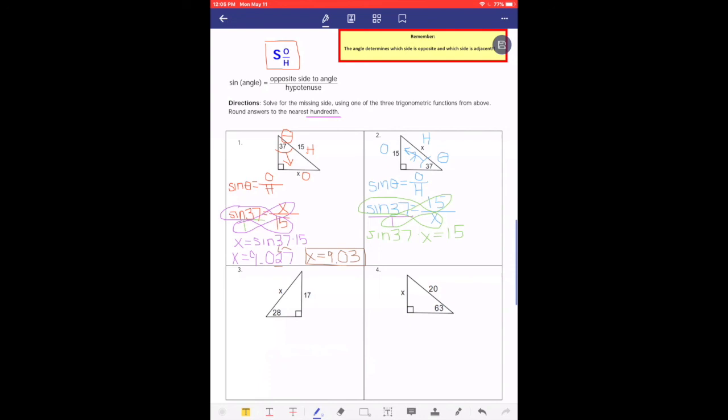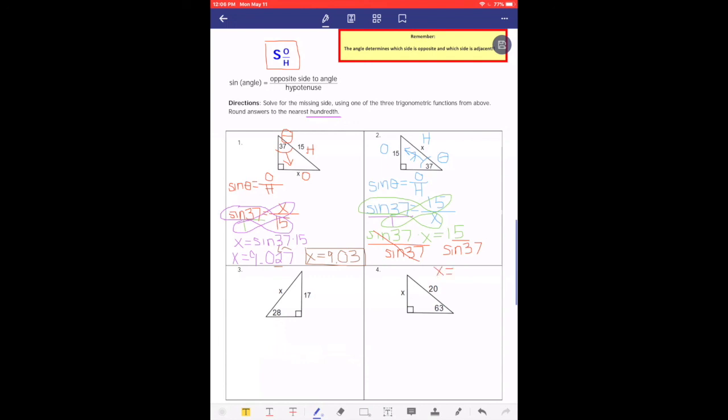What we're going to do is just do the steps that we would normally do in an equation to get x by itself. So notice that sine 37 is multiplying x. The opposite of multiplication is division. So I'm going to divide both sides by sine 37. It's okay that you don't know the value of that. When you do that to both sides, it will cancel on the left side. So you're left with x by itself.